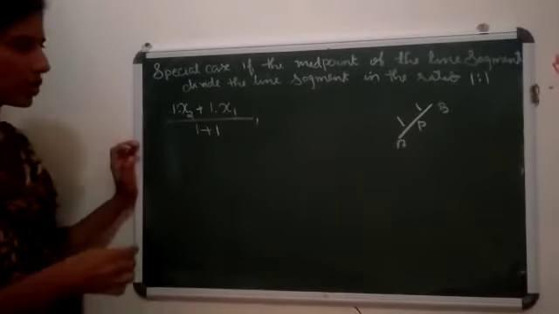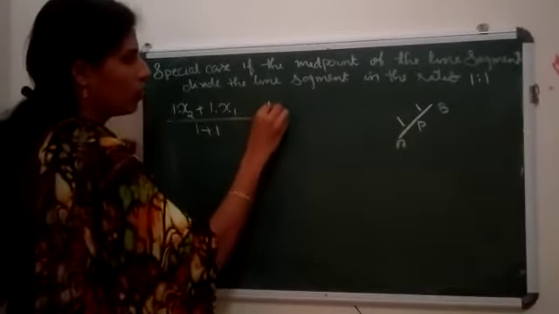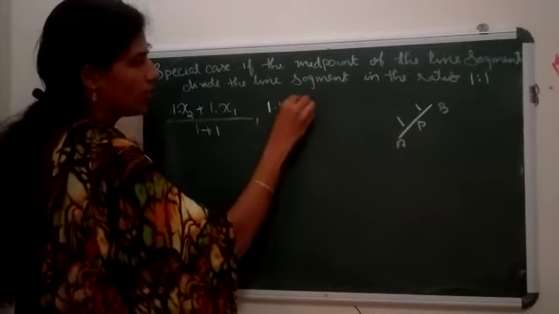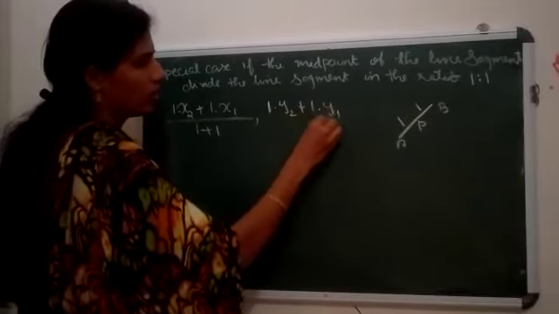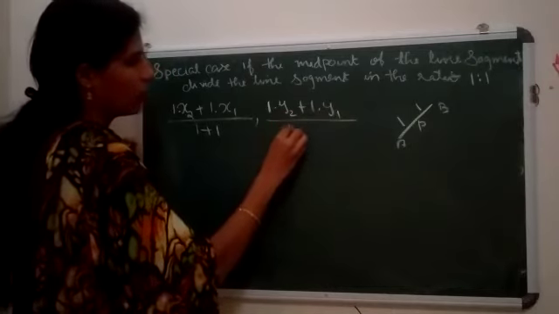This is our x coordinate, and 1 into y2 plus 1 into y1 divided by 1 plus 1.